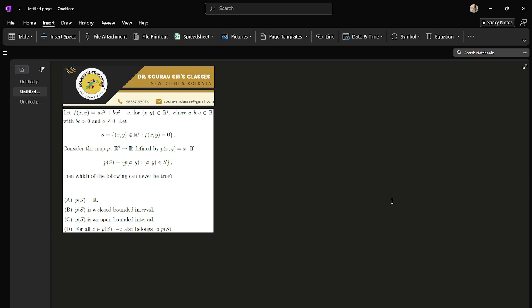Now consider the map P from R² to R, defined by P(x,y) equals x. If PS equals P(x,y) where (x,y) belongs to S, then which of the following can never be true? Option A is that PS equals R. Option B is that PS is a closed bounded interval. Option C is that PS is an open bounded interval. And option D is that for all z belonging to PS, minus z also belongs to PS.